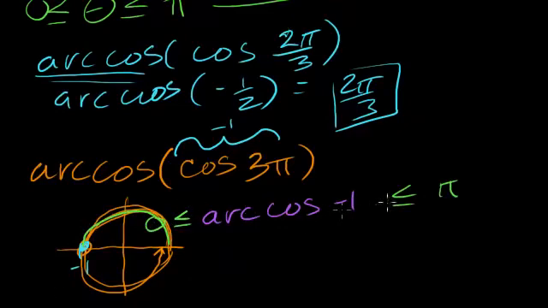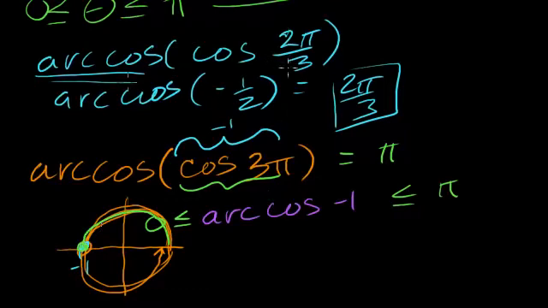So arccosine of -1 is just going to be pi. That's a reasonable statement, because the difference between 3 pi and pi is just going around the unit circle a couple of times, so you get the equivalent point on the unit circle. So I just thought I would throw those two at you.